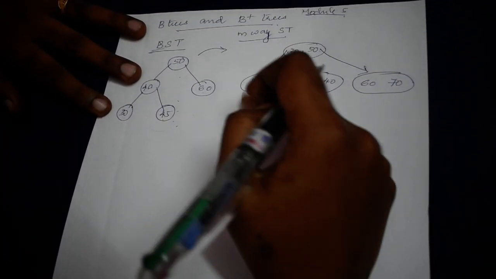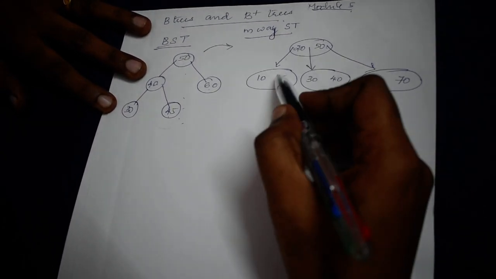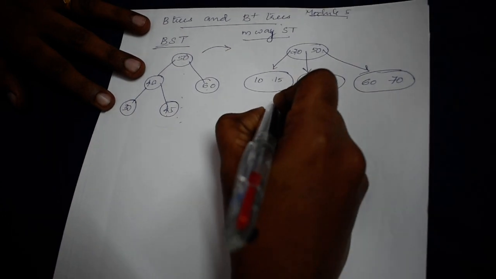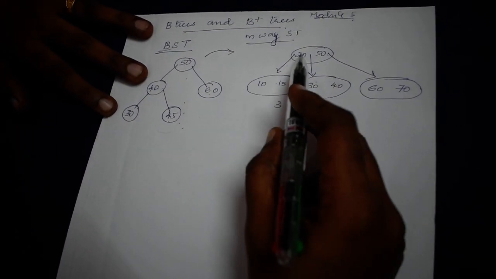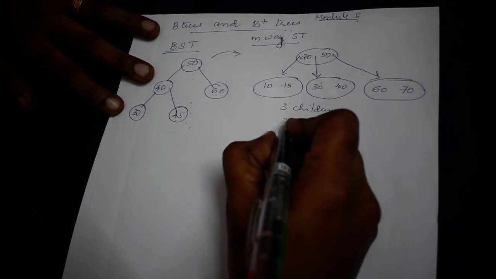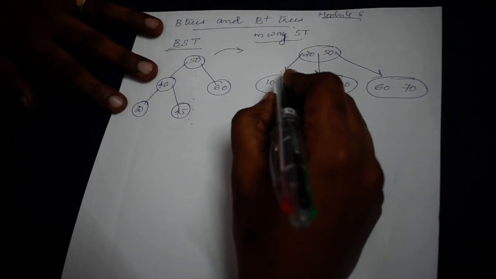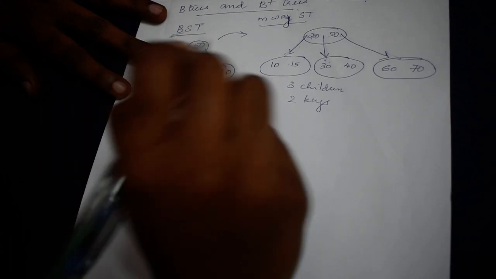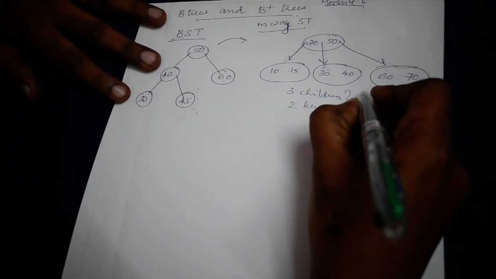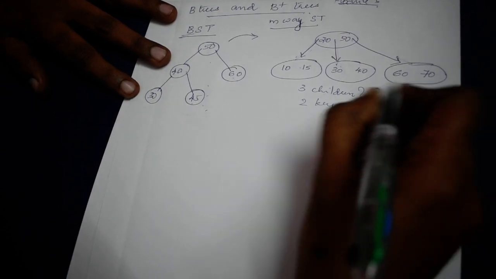Consider this tree. How many children are possible in this one? 3 children are possible. How many keys are there in a particular node? 2 keys are there. If 2 keys are there, lesser, in between, and greater, so 3 children are possible. That's why it is known as a 3-way search tree: 3 children.